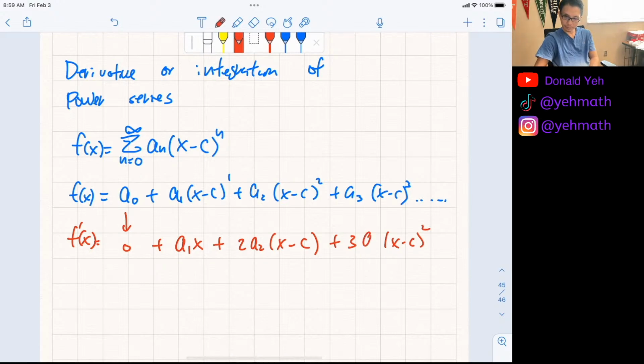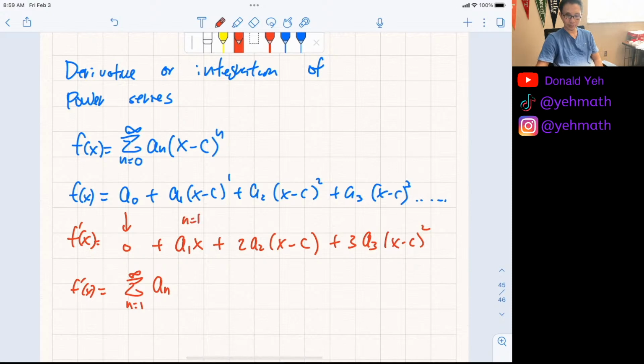Does that make sense? Can I write it in general terms, f prime of x in terms of summation notation? Do I start with n equal to 0 or 1? You should start with 1, right? Because the a0 term went away, so it's 1 to infinity. This is a1, so this is going to be a sub n.